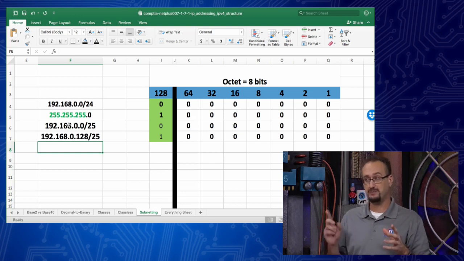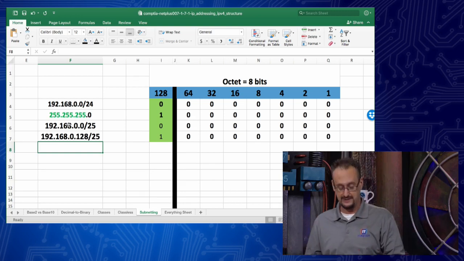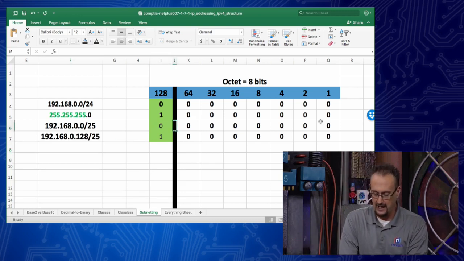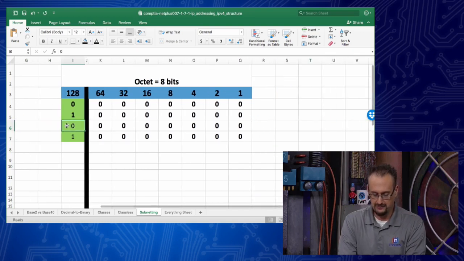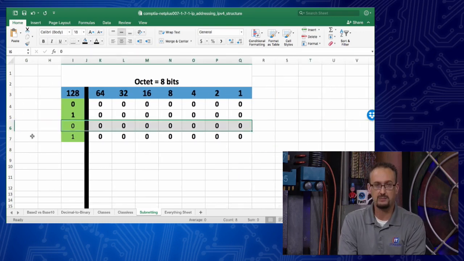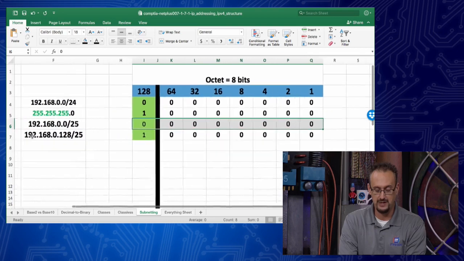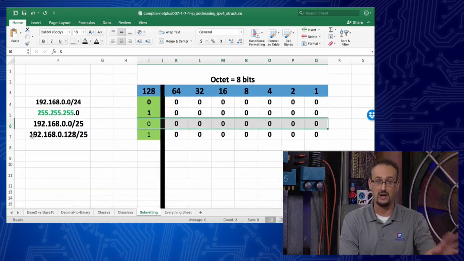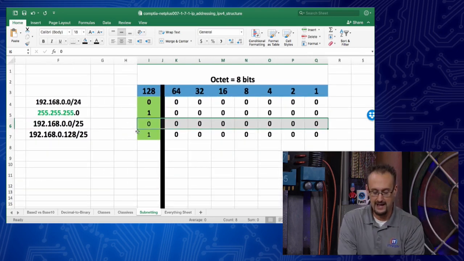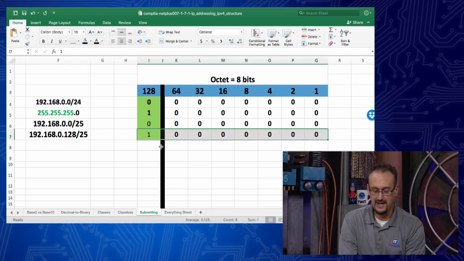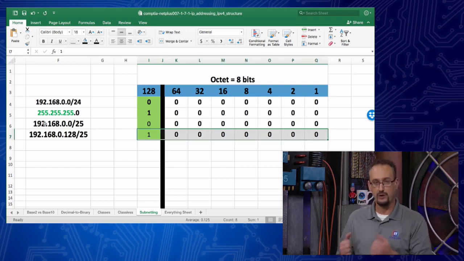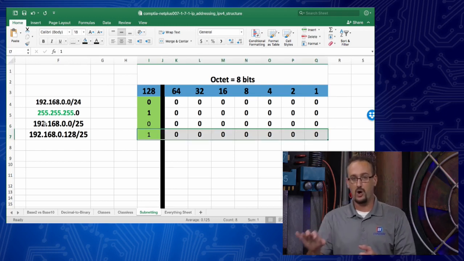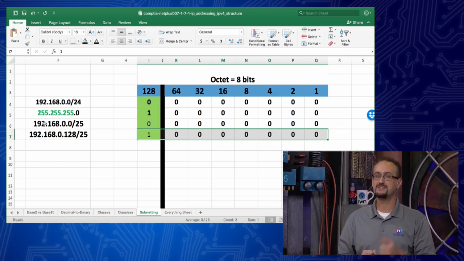Now, technically, the possibilities, keep in mind, are 128. But I cannot use this very first possibility as an IP address for the host because it's the network ID. I cannot use this second network's very first possibility as a host IP address because it's also a network ID.